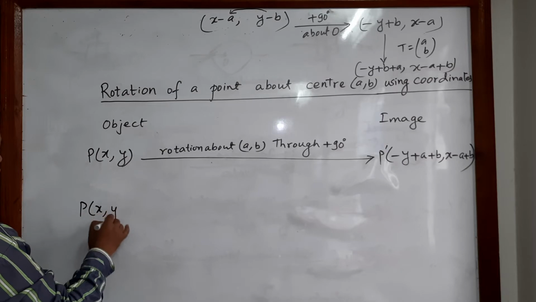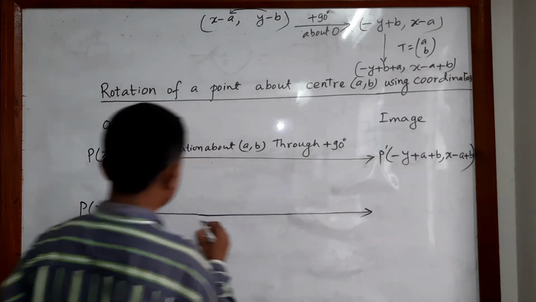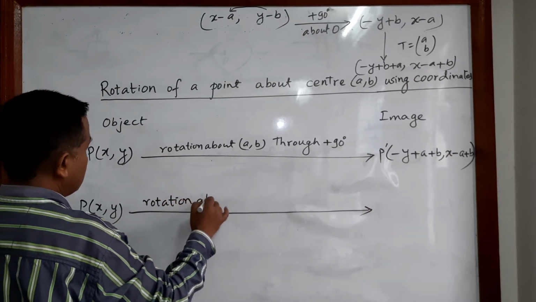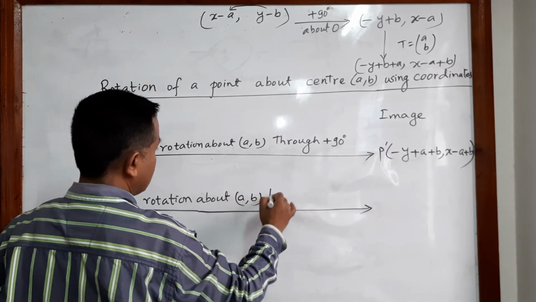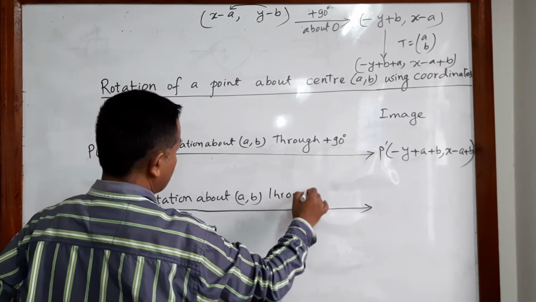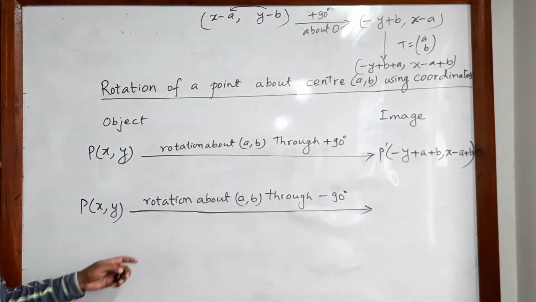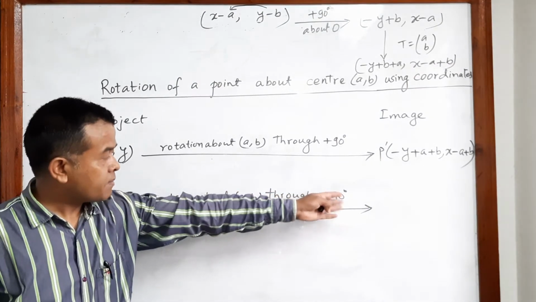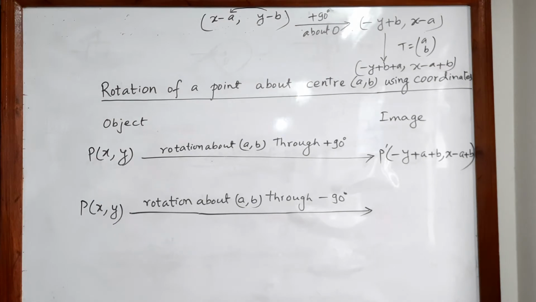P(x, y), rotation about AB through minus 90 degrees. Rotation about AB through negative 90 degrees means 90 degrees in clockwise direction.